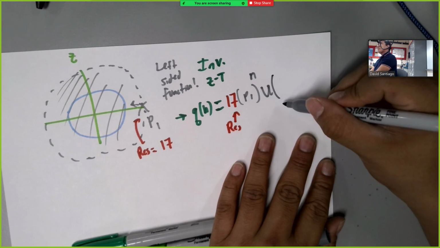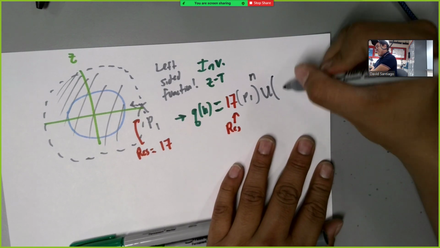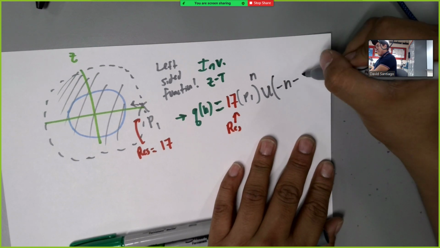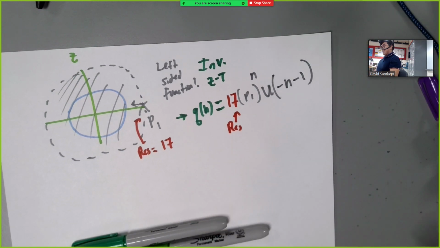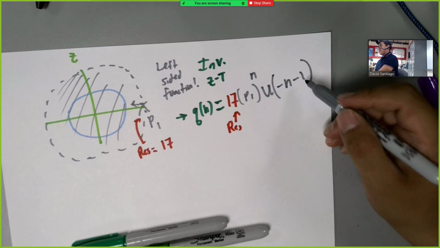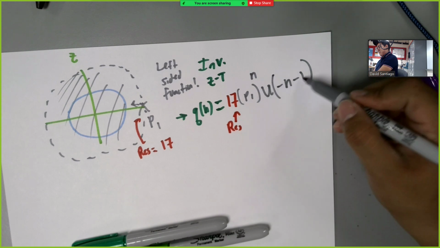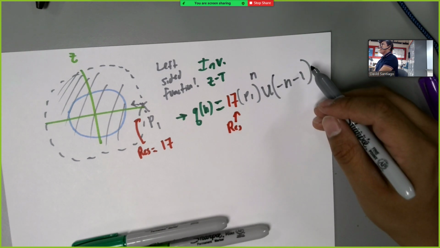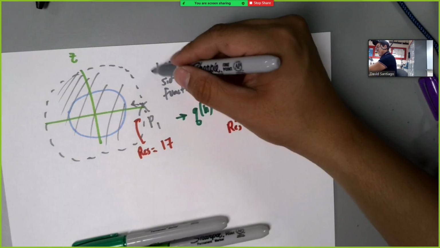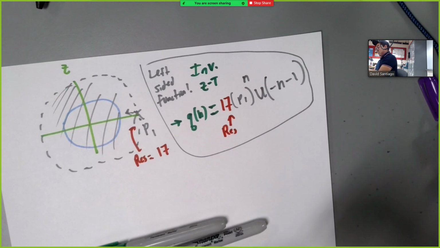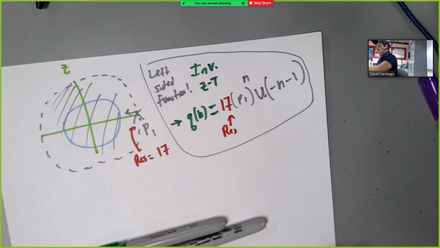But for your unit step for a left-sided function, it's going to be u of minus n minus 1. There you go. So you can't include the first point. When n is equal to 0, you get u of minus 1, which is 0. So the point is, you can't include that middle point, that's z. So this is a left-sided function. If you were to plot this, there's one big mistake I'm forgetting.